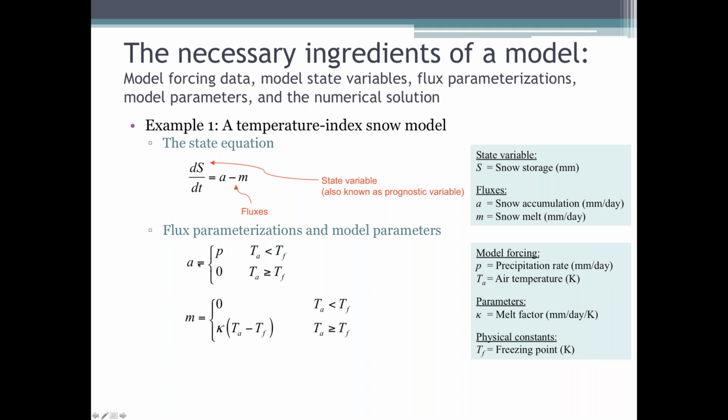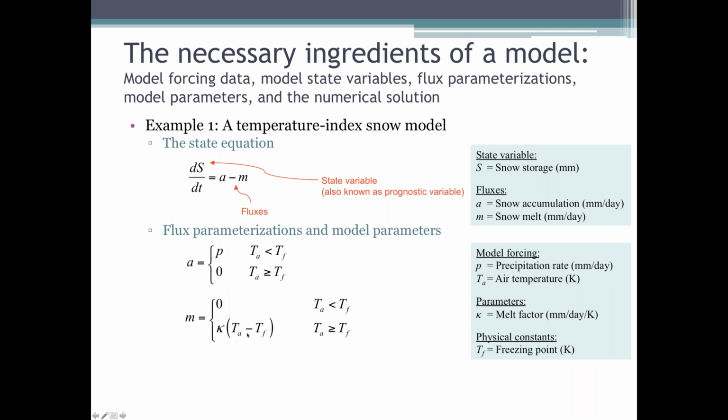So what we have here makes logical sense. A, accumulation, equals precipitation if the air temperature is less than some freezing point, and is equal to 0 otherwise. No snow will accumulate if the air temperature is greater than some freezing point. Our melt will be 0 if our air temperature is less than some freezing point.